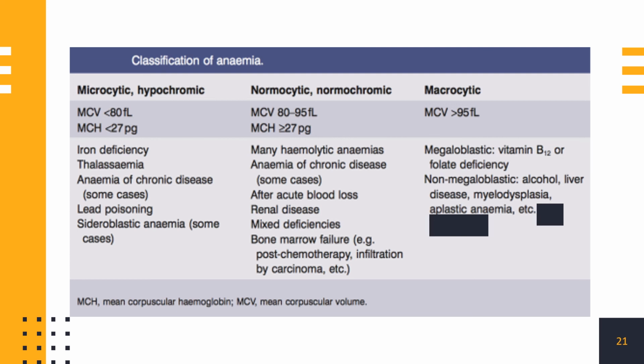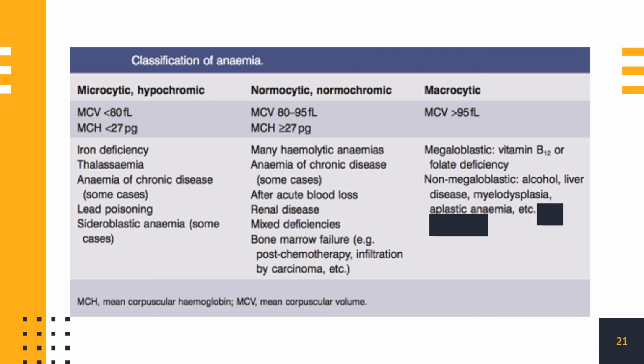Conditions which show a normocytic normochromic type of anemia would include some cases of anemia of chronic disease, after an acute blood loss, disorders affecting the kidney, mixed deficiencies, and bone marrow failure, such as in post-chemotherapy or invasion by cancer.